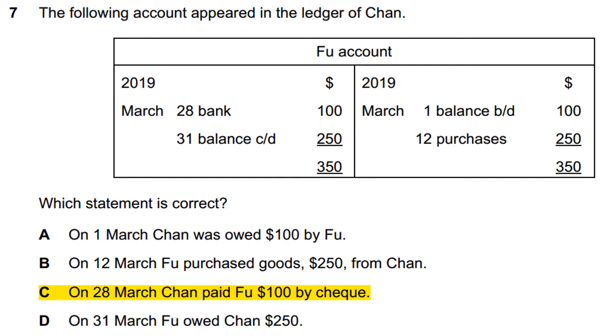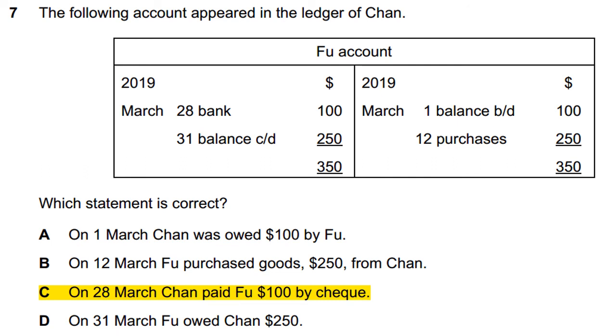It will be recorded on the debit side because liability has decreased. And the remaining balance is 250, that is the closing balance of Fu, and Chan will pay $250 to Fu in future. Which statement is correct? And C option is correct.